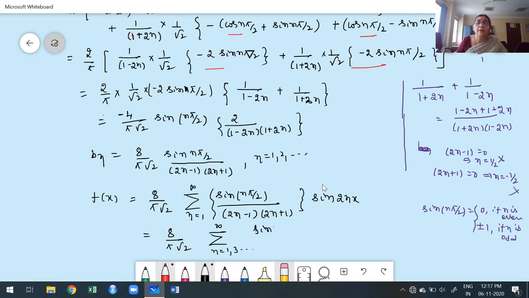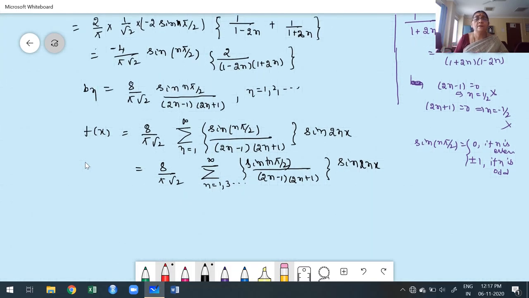Sin of n pi by 2 divided by 2n minus 1 into 2n plus 1 into sin of 2nx is the required half range Fourier sine series.